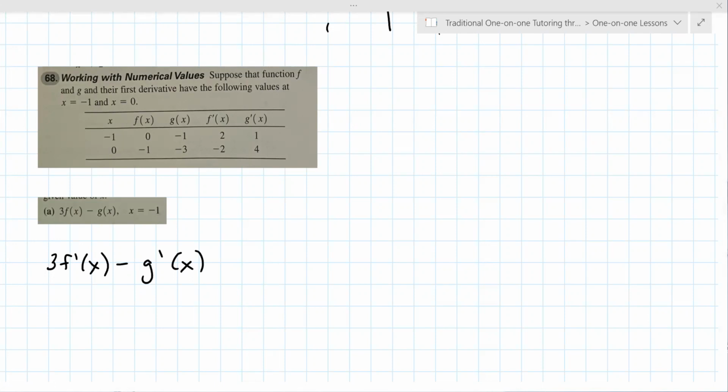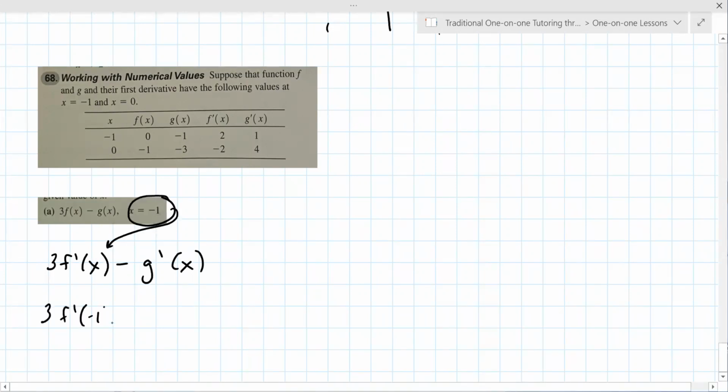Okay, so now we need those values. See, it says x equals -1, so you have to put those in here. 3f prime of -1 minus g prime of -1.